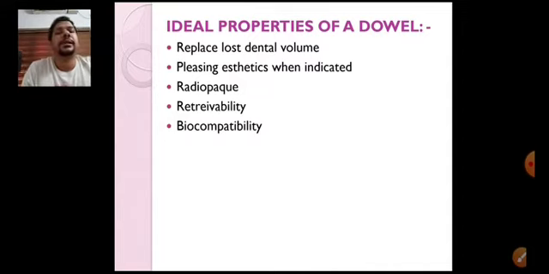Then retrievability. It is very difficult to retrieve a post. If it is a metal post, then it's kind of impossible to retrieve it, even though retrievability is an ideal property of a post. I have retrieved a fiber reinforced composite post. That was because the crown along with the post broke.